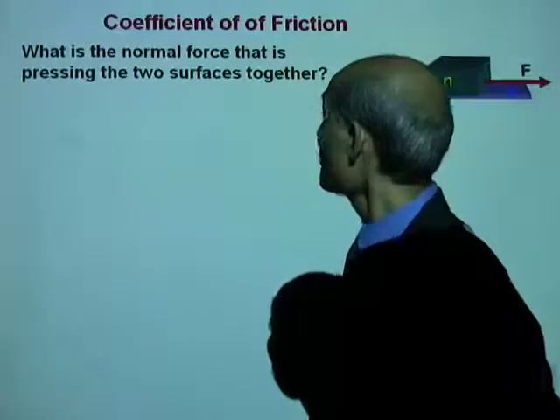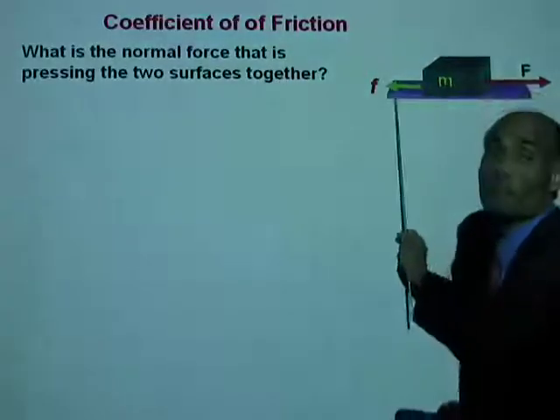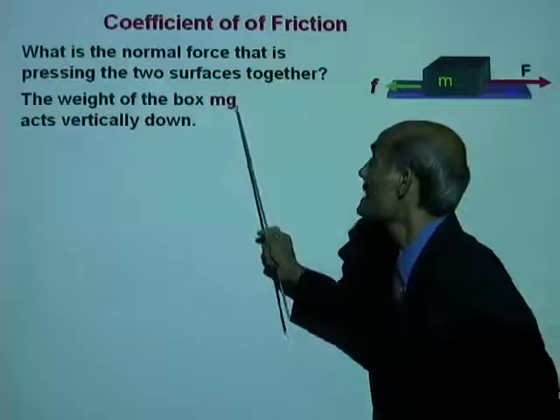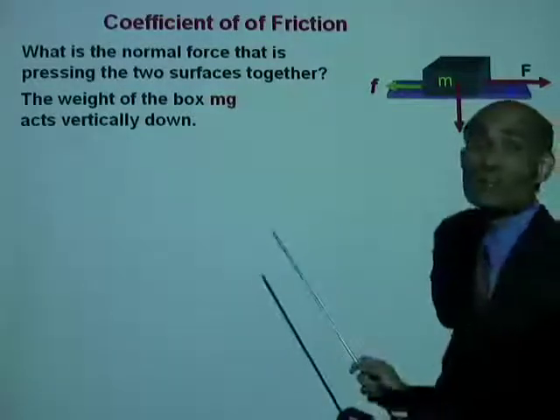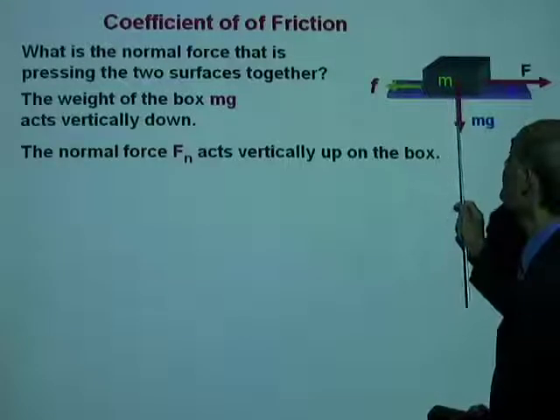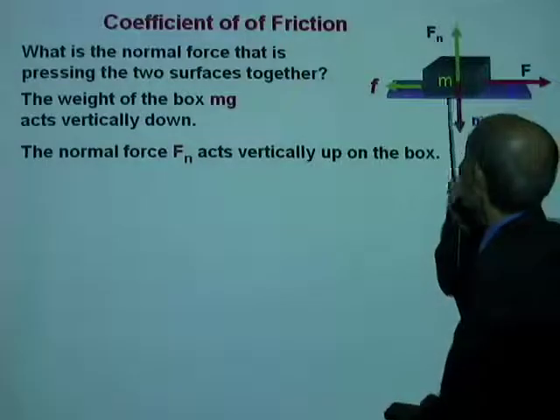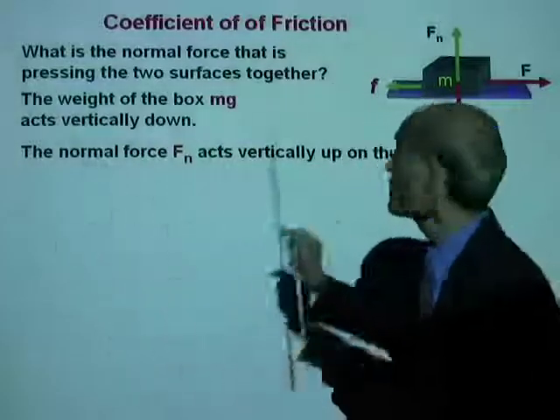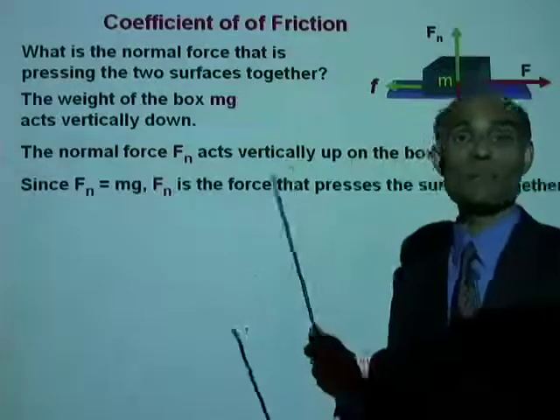So, what is the normal force that is pressing the two surfaces together here? The two surfaces are horizontal, therefore the normal force is the weight mg of the box that is acting down. The surface will apply a force Fn upward, and this is the normal force pressing the two surfaces together, and this Fn is equal to mg. Is that right?